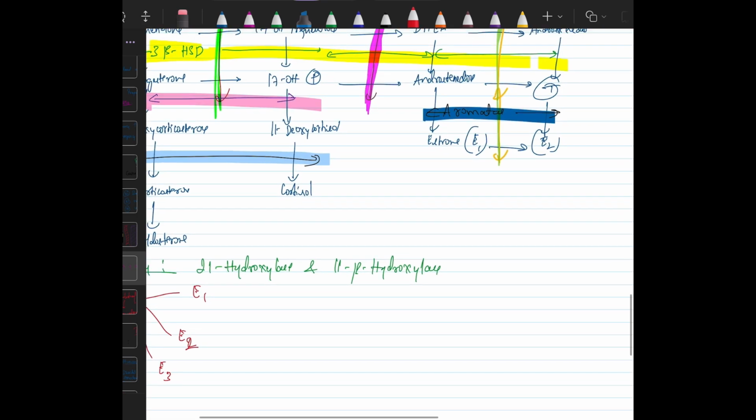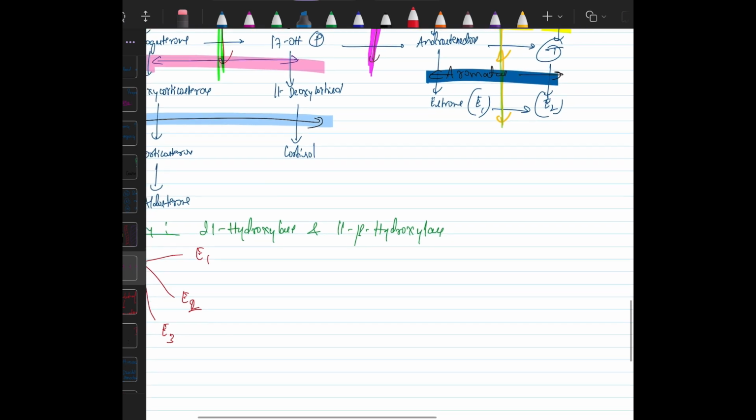Estrone and estradiol are produced from your androgens with the help of the enzyme aromatase. Okay, this aromatase is present in your adipose tissue, skin and brain along with your ovaries. So that is why in the periphery these androgens are converted to estrogen with the help of the aromatase enzyme.